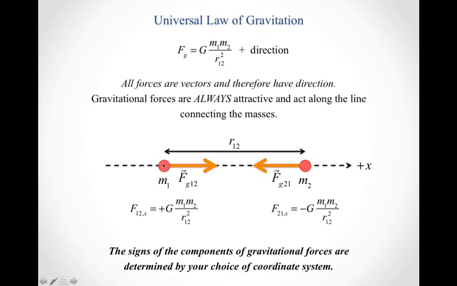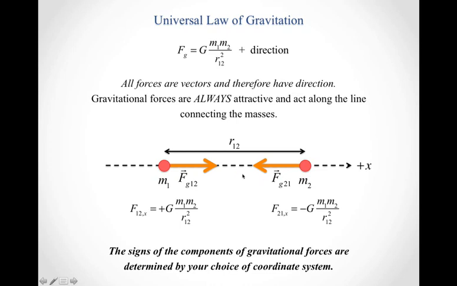In this case, where we have mass 1 and mass 2 separated by the distance r1,2, there are two gravitational forces we can talk about, because mass 1 is attracted to mass 2 and mass 2 is attracted to mass 1. We want to think about the gravitational force on which mass. If we want the gravitational force on mass 1, that's this vector. If we want the gravitational force on mass 2, that's this one.